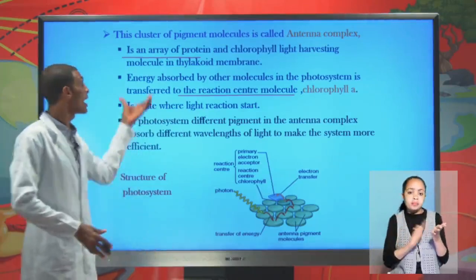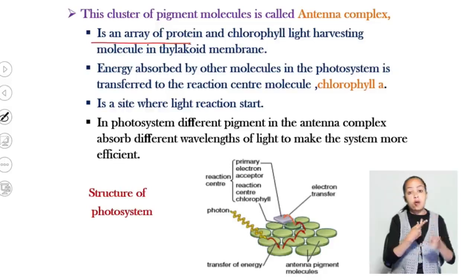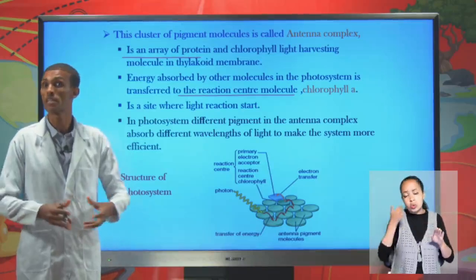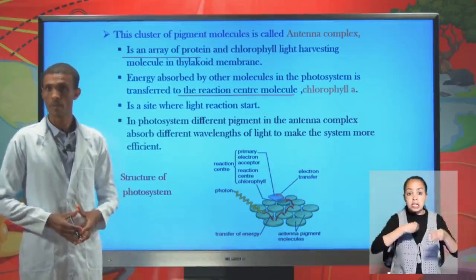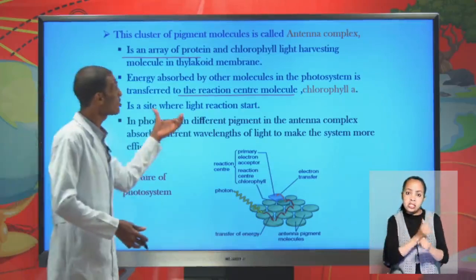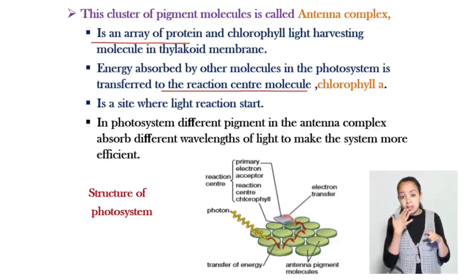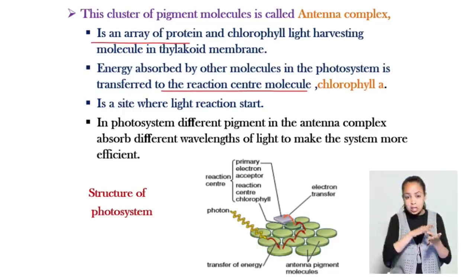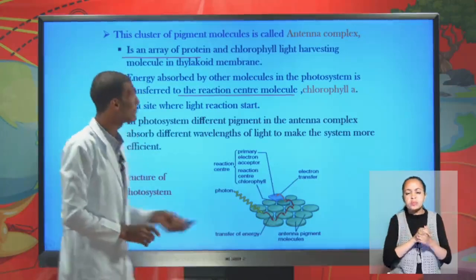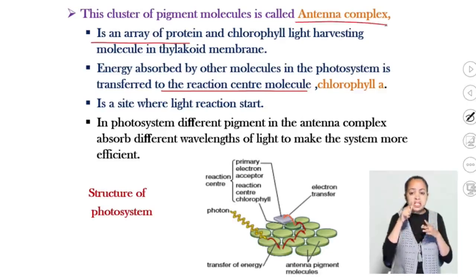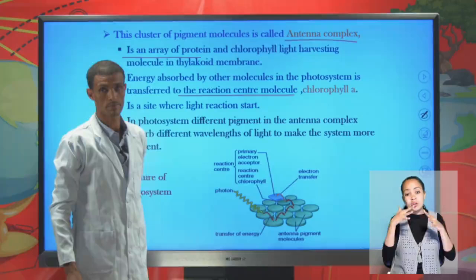This array of protein and chlorophyll embedded in the thylakoid membrane is suited for light harvesting activity. Energy harvested by different pigment or chlorophyll molecules in the antenna complex is transferred to one reaction center molecule.